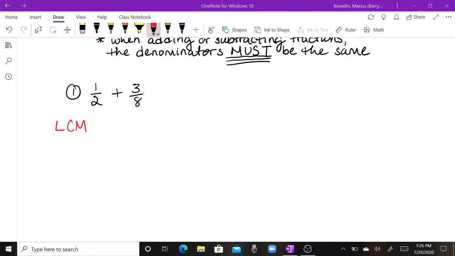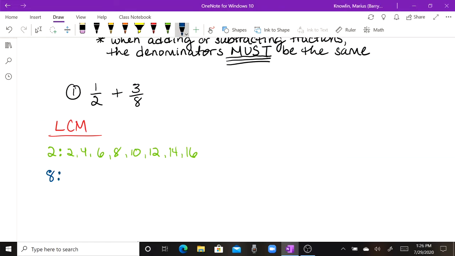our least common multiple. So we're going to do 2's, and we know for our 2's times tables, we do 2, 4, 6, 8, 10, 12, 14, 16, and we could keep going. Now let's take a look at the 8's.